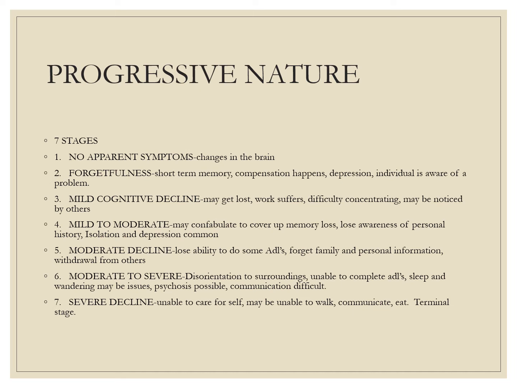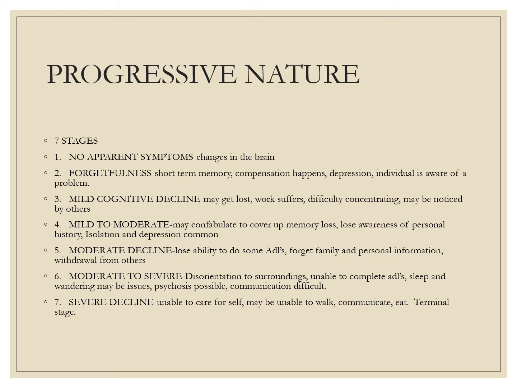So this slide goes to the progressive nature of Alzheimer's dementia. There are changes in the brain, plaques and tangles that can be visualized in that brain and interfere with the ability of the brain to send signals. So first stage is there are no apparent symptoms that the person is showing, but there are changes in the brain.